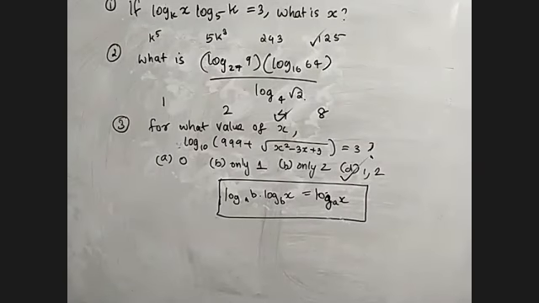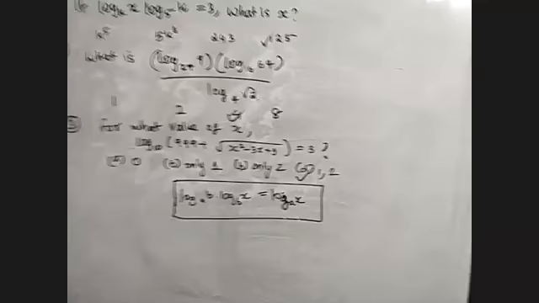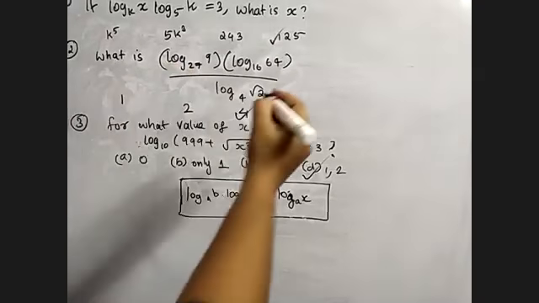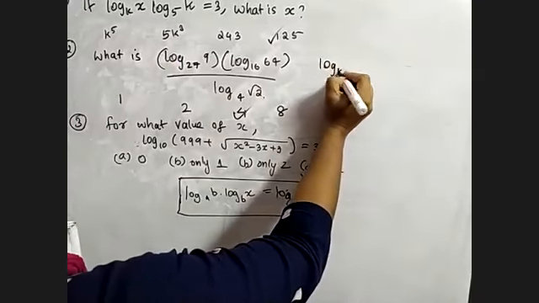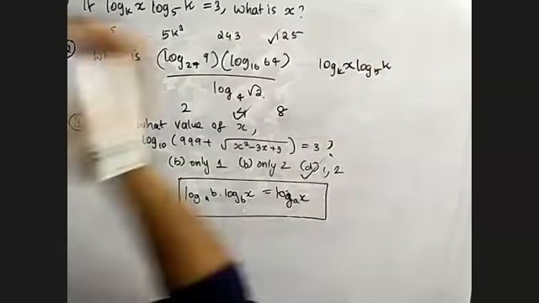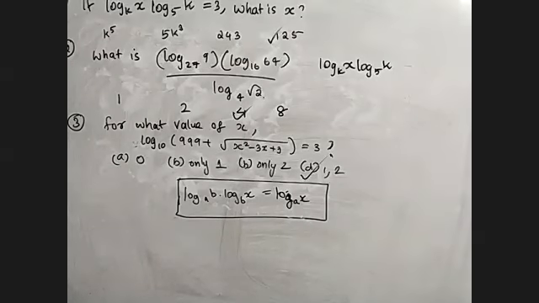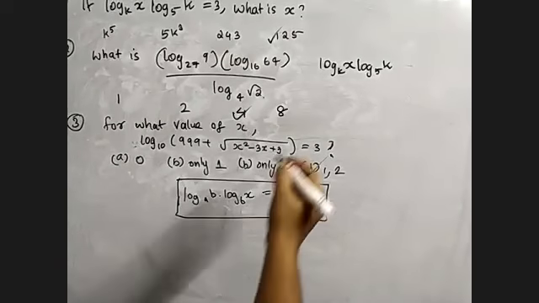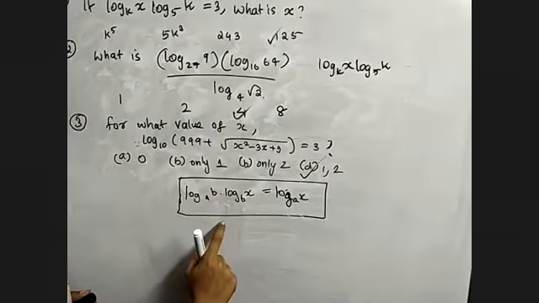First question, how did you do? Listen. All of you listen. See, what is here? Log kx into log 5k, isn't it? So, see, this is similar to this property, right?